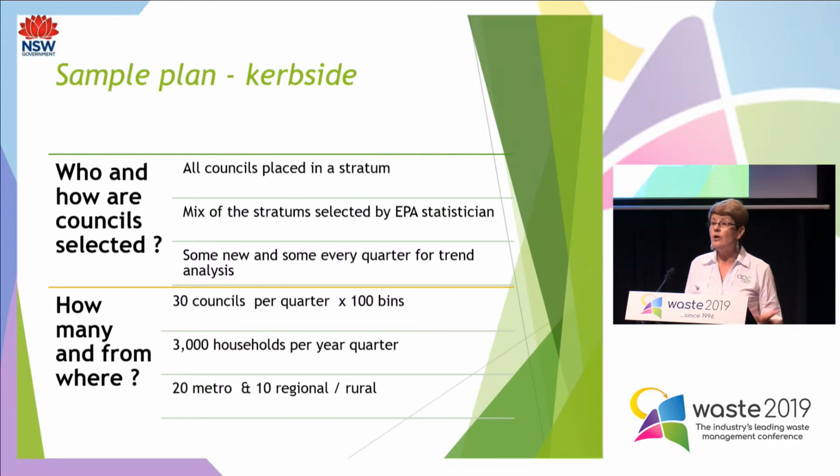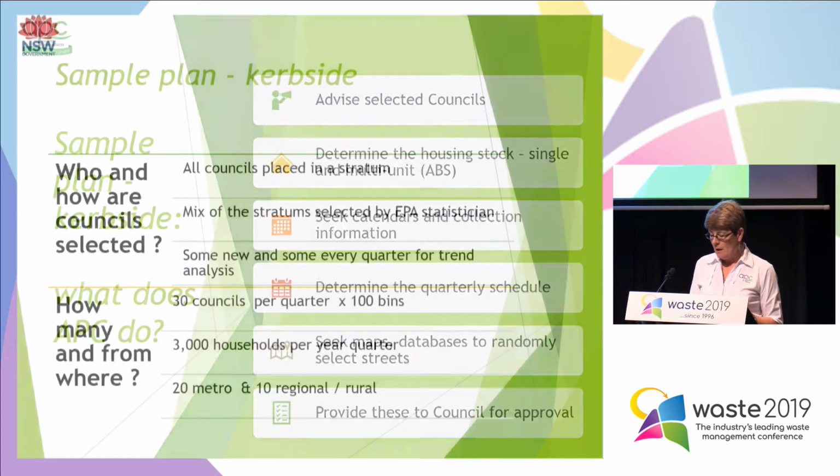There are 30 councils per quarter, and we collect 100 bins from each local government area, so 3,000 households randomly selected across the state inform the glass factor. It's split between metro and rural, like the 80-20 rule: 20 councils of the 30 are from the metro area and 10 are from regional or rural areas.